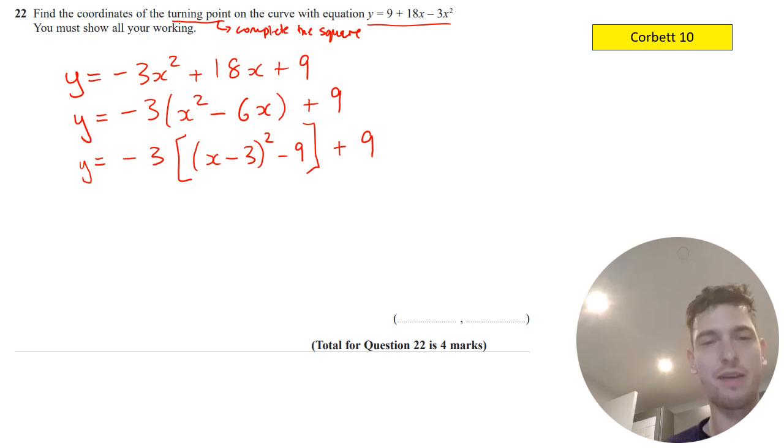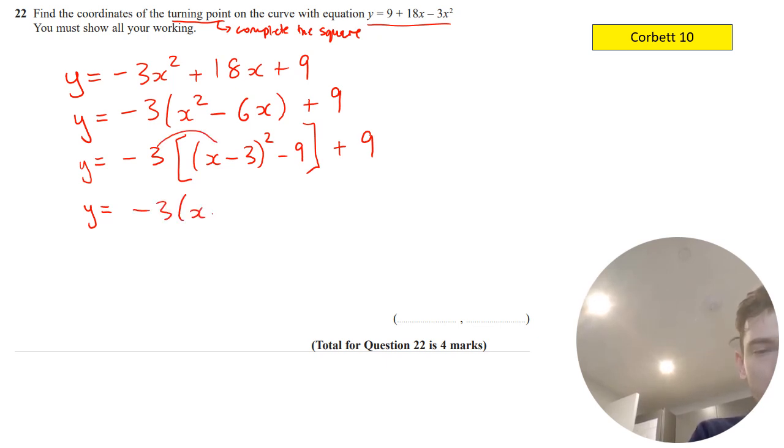So all I've done in that step is I have completed the square of that x squared minus 6x. Now, I'm almost there. I now need to expand this brackets.